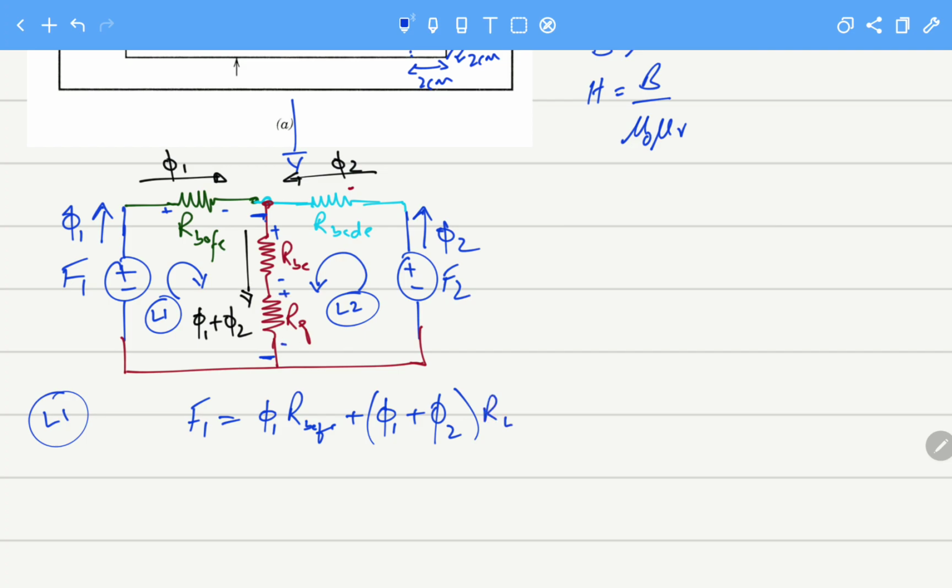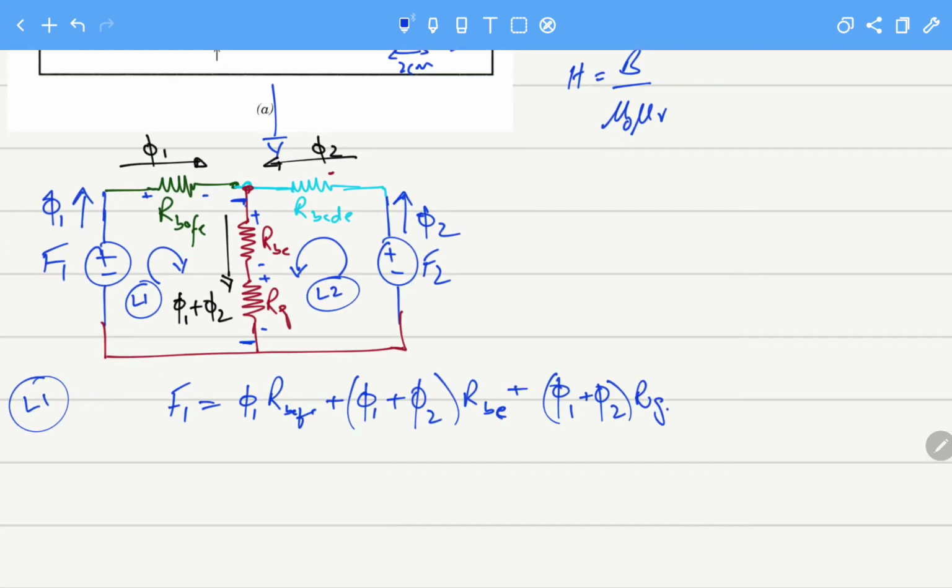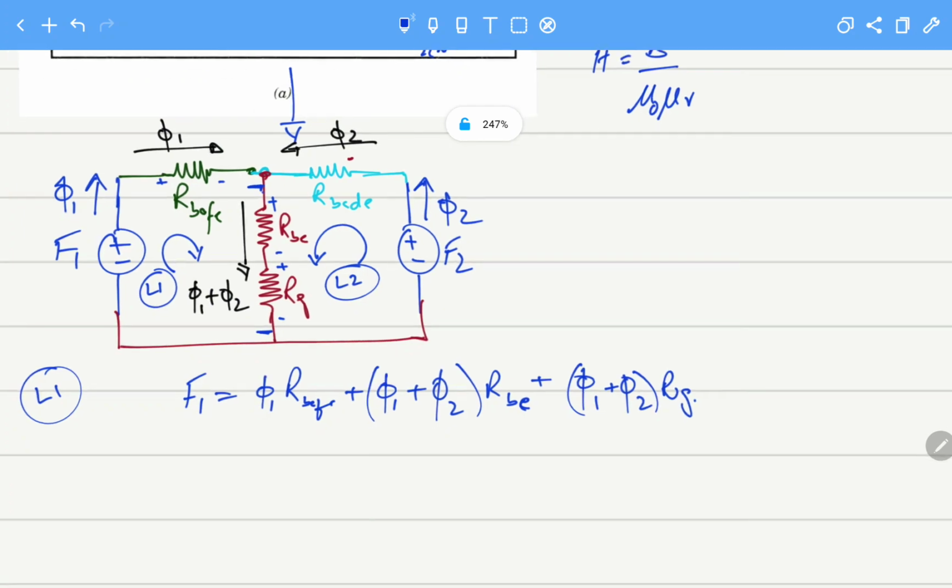So this will be RBC, RBE, and the next one will be flux 1 plus flux 2, times R of G. So we can write the equation for loop 1.